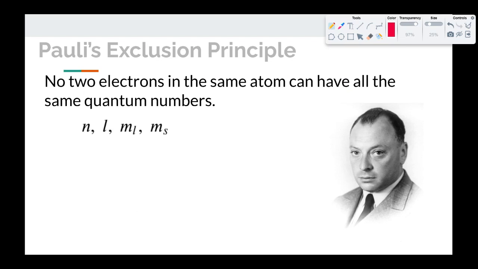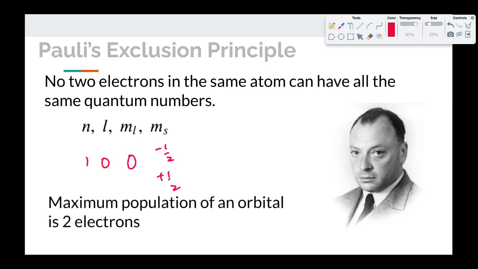Because if you have, let's say, n equals 1, L equals 0, m sub L equals 0, that's an orbital. M sub s could be -1/2, it could also be +1/2, but it couldn't have any other value. So the maximum population of any orbital is 2 electrons.